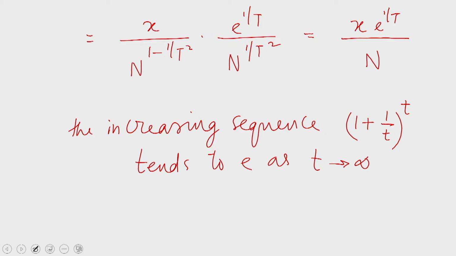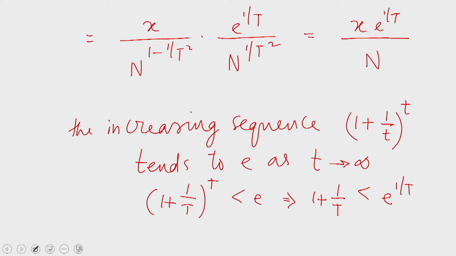In particular, if you take a particular value of t, you have (1 plus 1 by capital T) power capital T is less than e, or in other words 1 plus 1 by t is less than e power 1 by t.